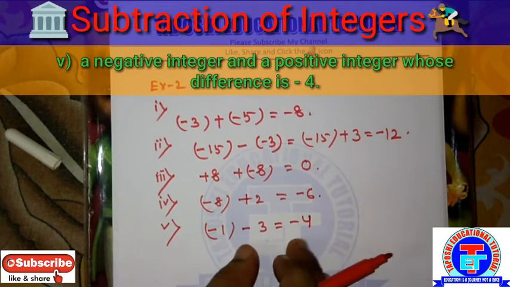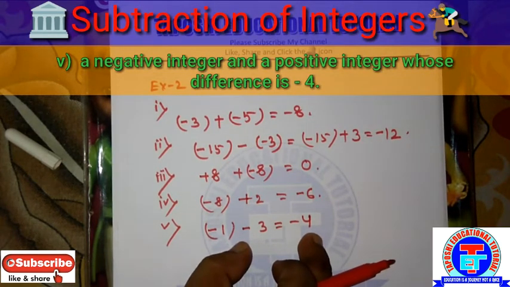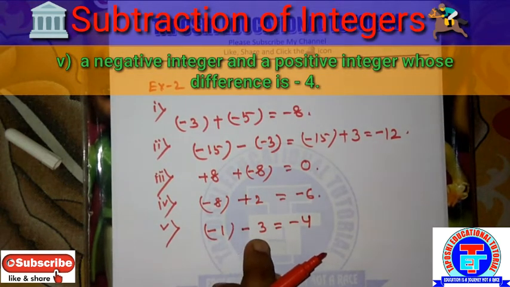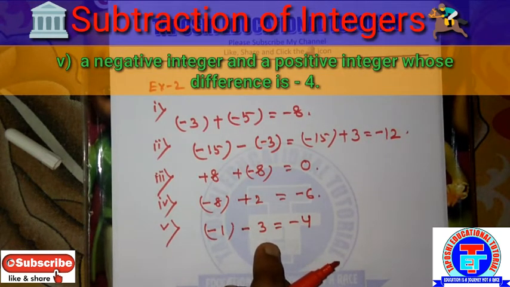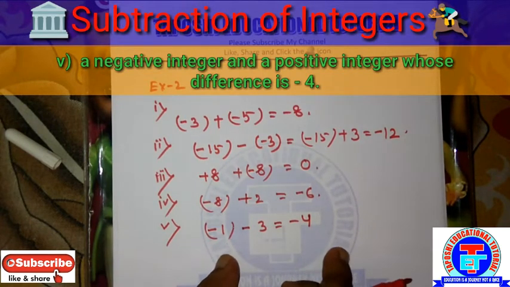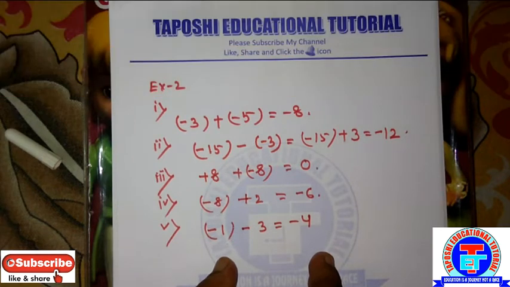Sorry, their difference minus 4. So we have a negative integer minus 1 and a positive integer whose difference is minus 4, right? I hope you clearly understand.